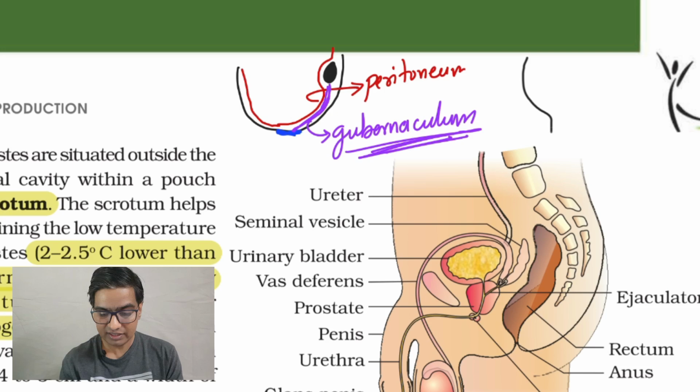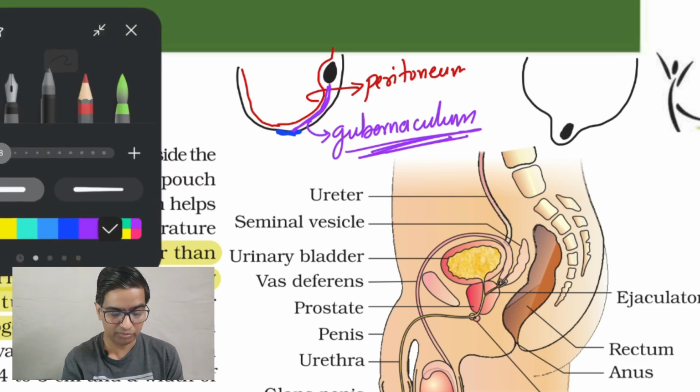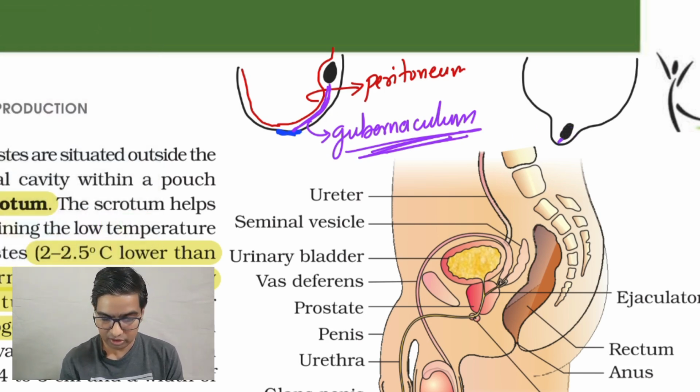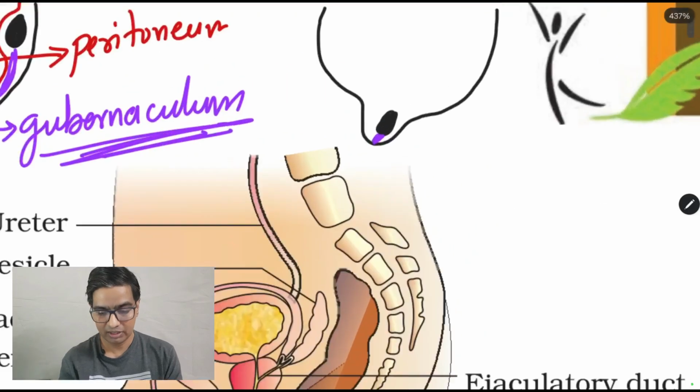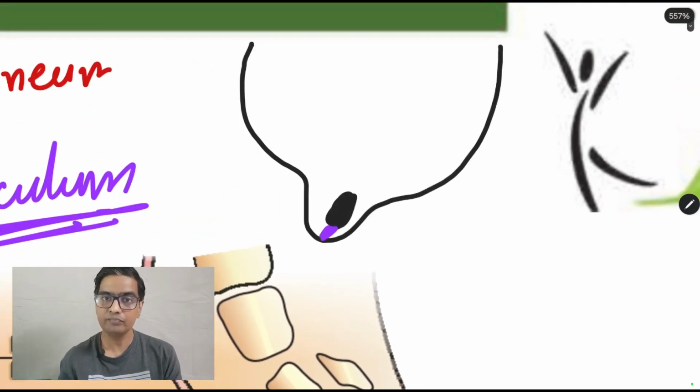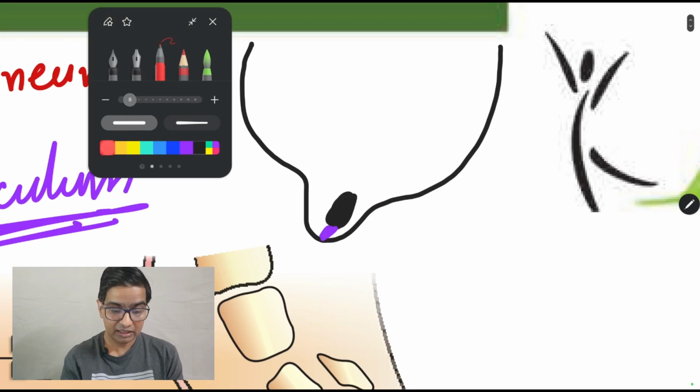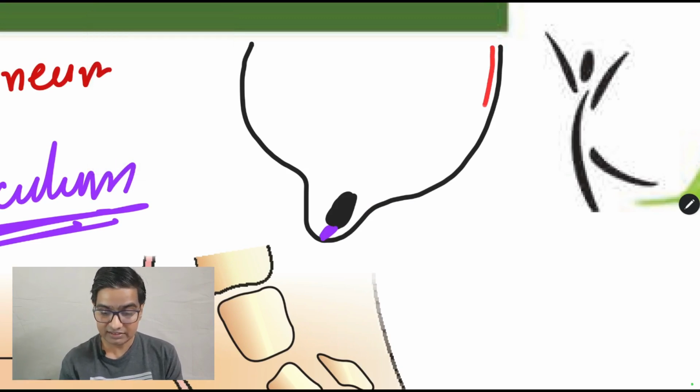Eventually the testes comes to lie in a pouch outside the abdomen, thanks to the gubernaculum. I am drawing the gubernaculum as a small purple thing here, if I zoom in. Getting it?